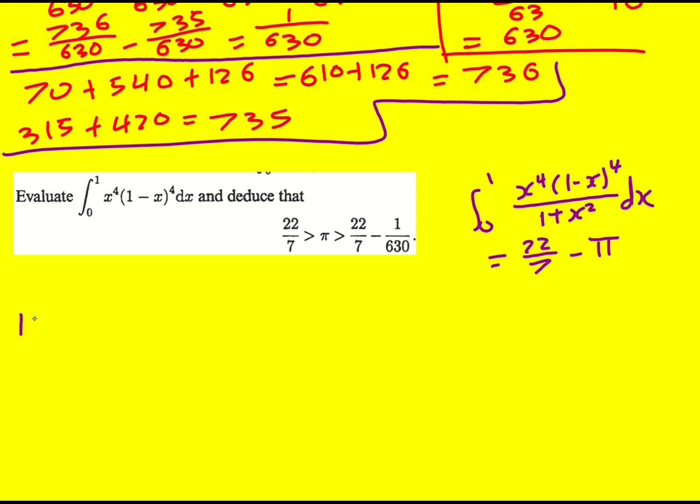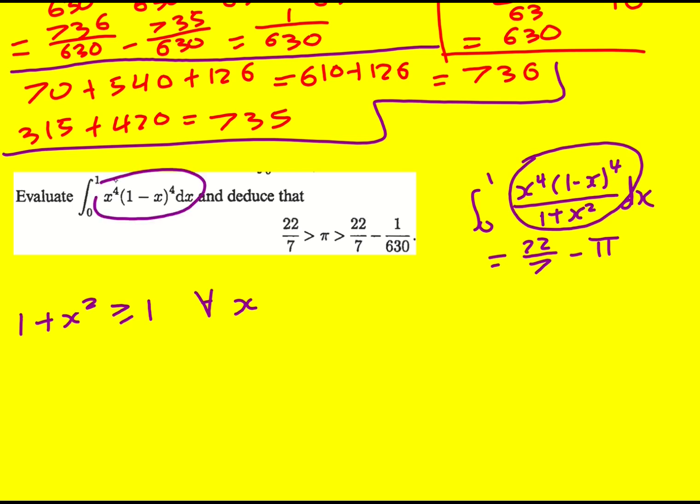Okay, now the thing we're dividing by, 1 plus x squared, is going to be greater or equal to 1 for all values of x. So we're going to be dividing this function by something that's bigger than 1. It's going to be smaller for every single value of x. My integrand for a particular value of x here is going to be smaller than my integrand here.